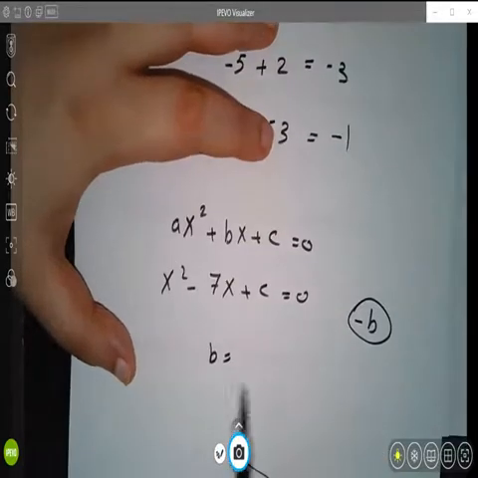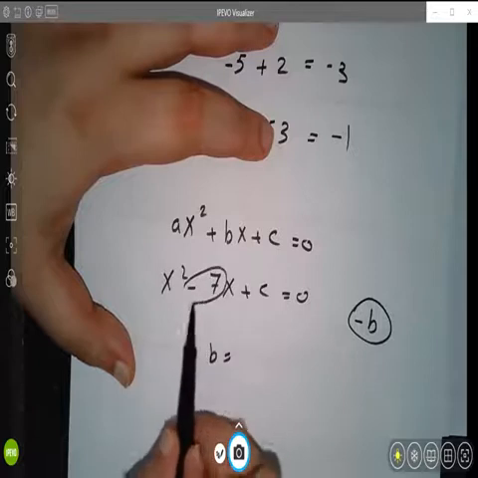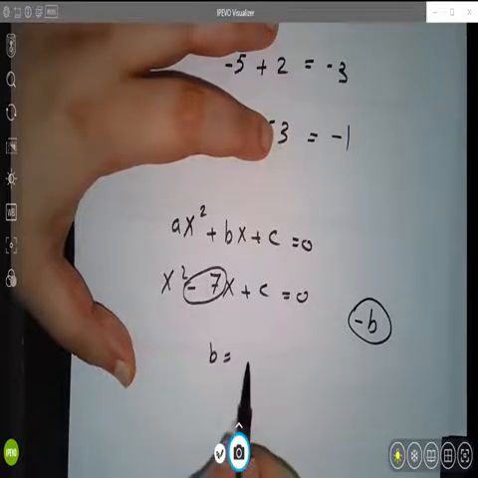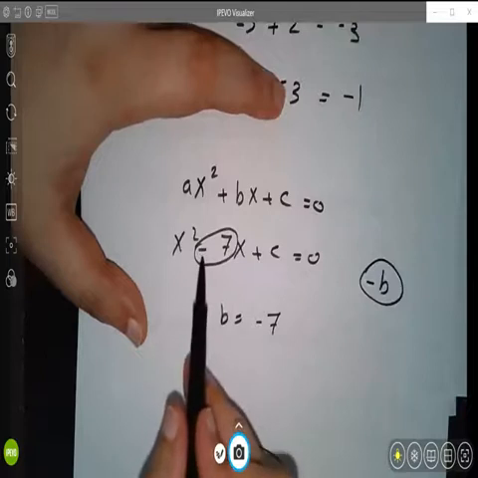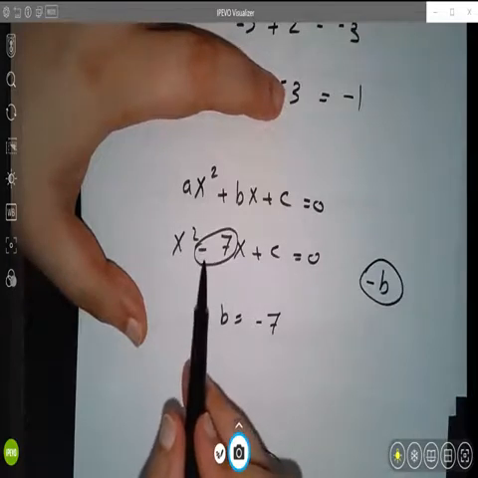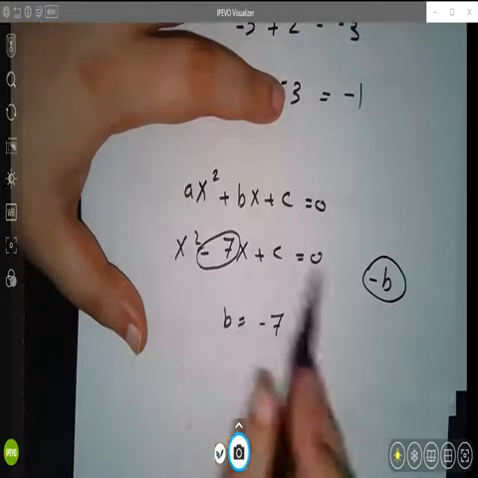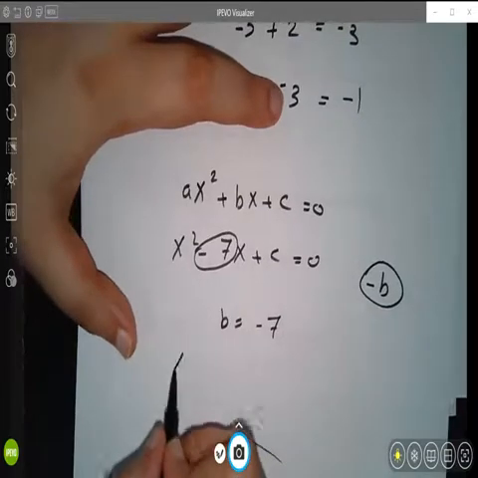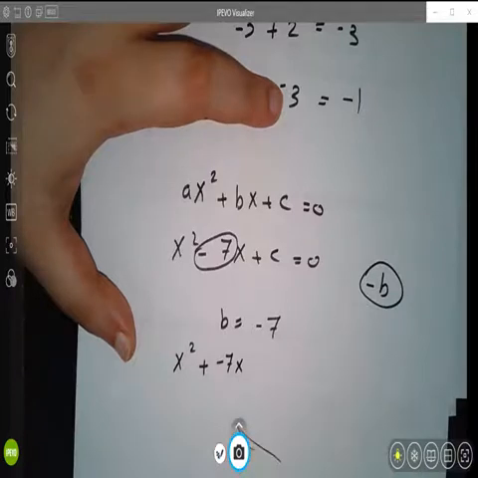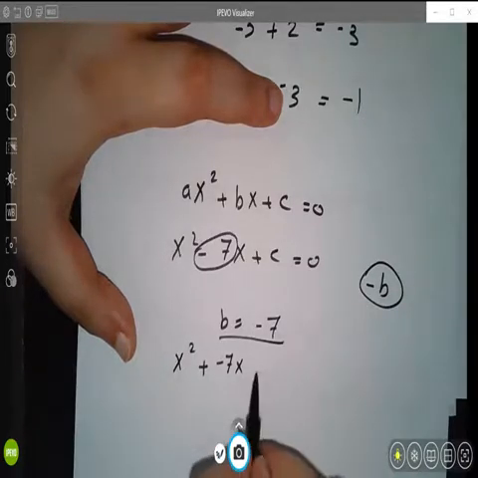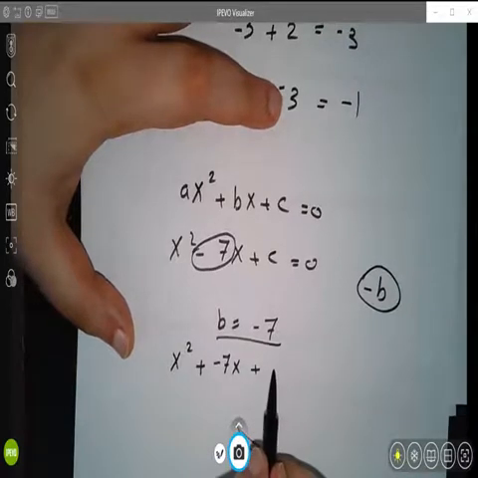We don't say 7. We say what? -7, right? We take the operation too, because what you're taking in this case is actually the sign. This equation right here can be rewritten as plus -7x, which is why this is -7. Does that make sense?